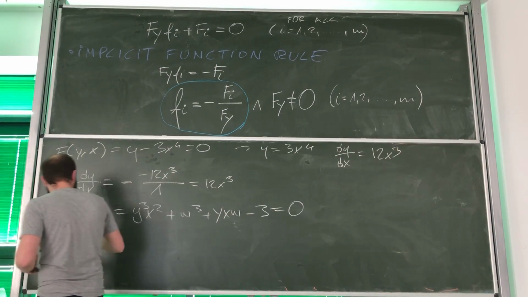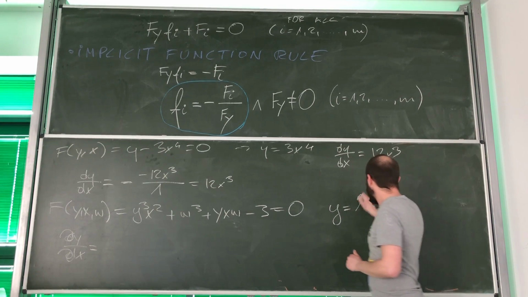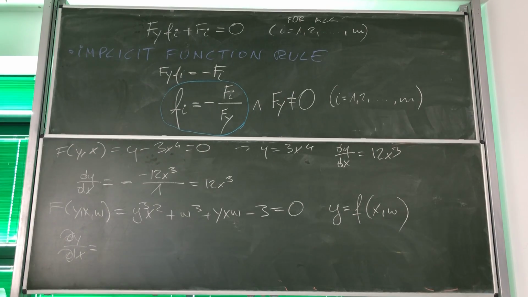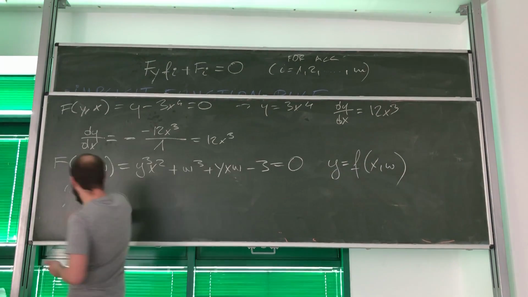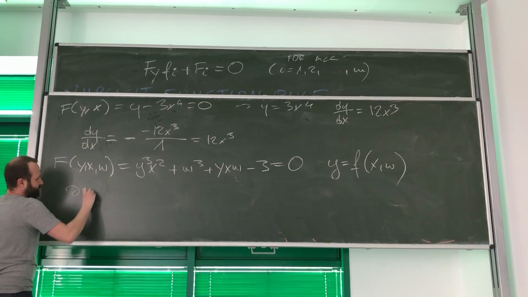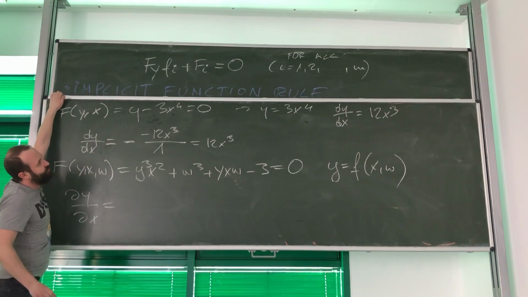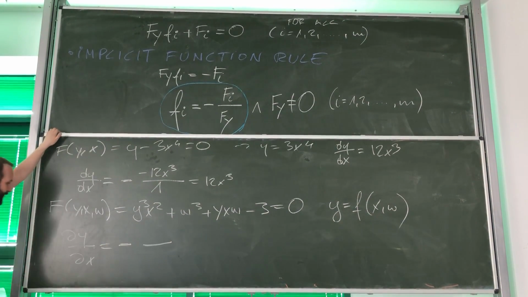Actually, this one is a partial derivative. I'm really sorry because we have two variables. Look, we want to know derivatives of this function, right? Actually, let's just calculate one, dy/dx. Okay. Again, we need to just use the formula. So we start with the minus. And what do we do at the top?